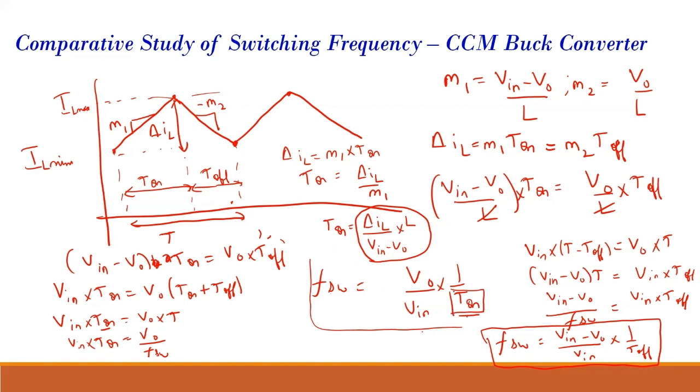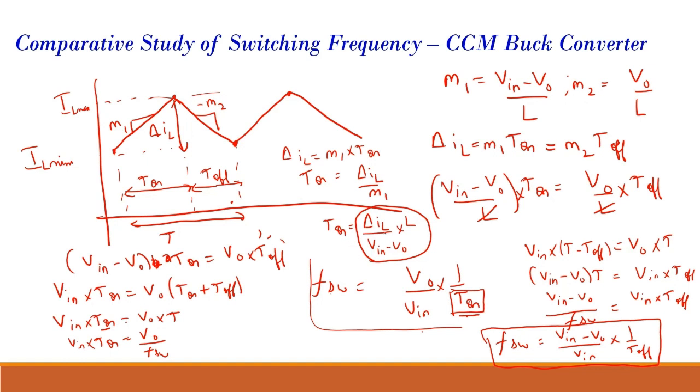Using the fixed T on, I'm getting these other variables, and these depend on your operating condition. In the next case, for fixed off time, T off is fixed, but the input and output voltages can change. And based on these changes of input and output voltages, my switching frequency will change.